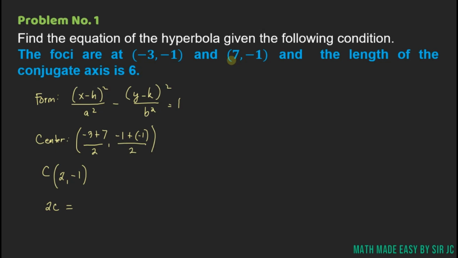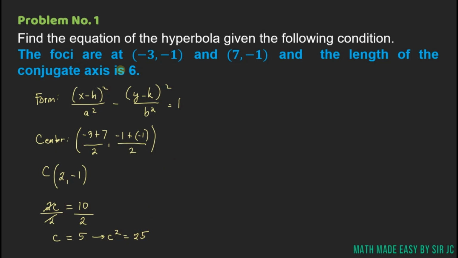Then take the absolute value because we are talking of measurement or distance, so we have 10. Then divide both sides by 2. Therefore, c is equal to 5, and c² is equal to 5 times 5, 25.